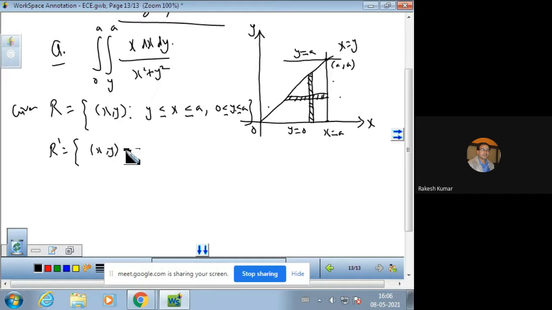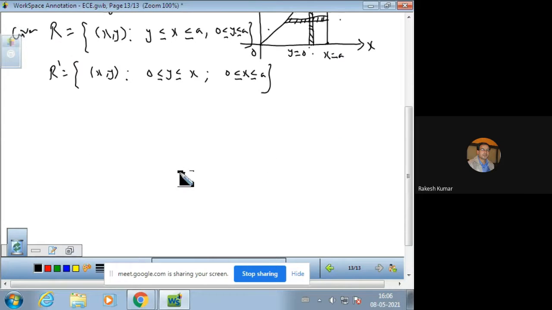So the new region of integration is R dash, and the limits of y should be in variable x, from down to up. At this point y is 0, and at this point y is equal to x. So the limits of y are 0 to x, and the limits of x, from left to right, are 0 to a.